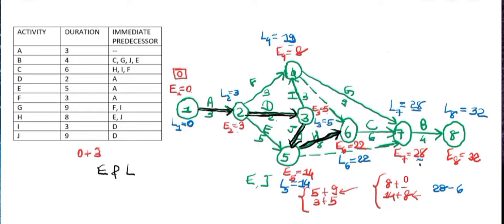Then node 5 and node 6. And now we are having node 6 and node 7 where the E and L values are same. And then finally node 7 and node 8. So the path that we have shown with double arrows is our critical path.